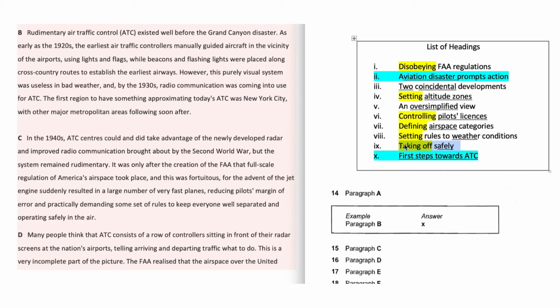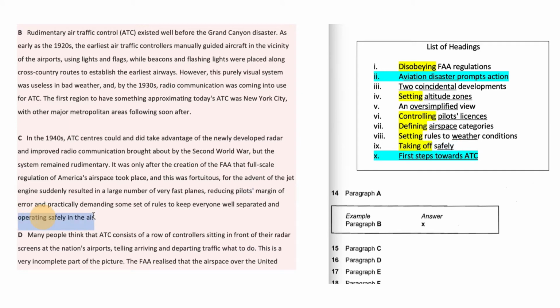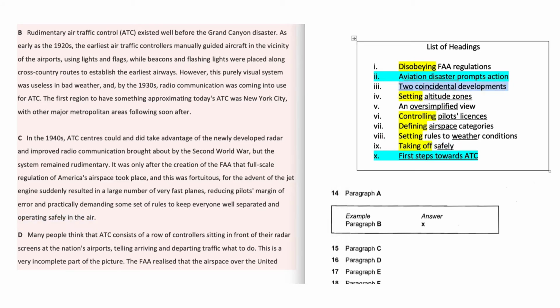Well, it talks about safety, like operating safely in the air, but the whole paragraph is not about taking off safely. Okay, so the whole paragraph is more about the developments of 2 things. Okay, so the right answer for paragraph C is heading number 3. And we'll just go and underline it and highlight it.